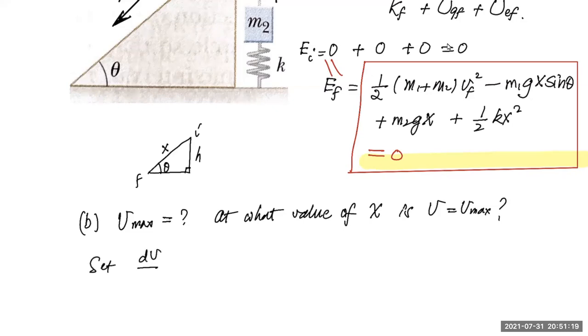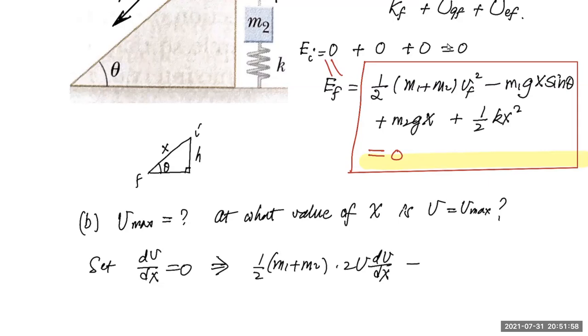Or dV dx equal to 0. Let's see how we can do that. Go back to the equation, the boxed equation. I'm just going to take a derivative with respect to X for every term. You can solve for V final first, but that's not necessary. So the first term, what you're going to get is 1/2 (m1 plus m2) times the derivative of V squared over dx, and that is 2V dV/dx.